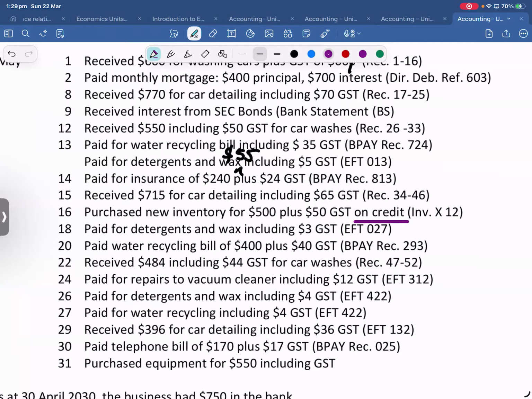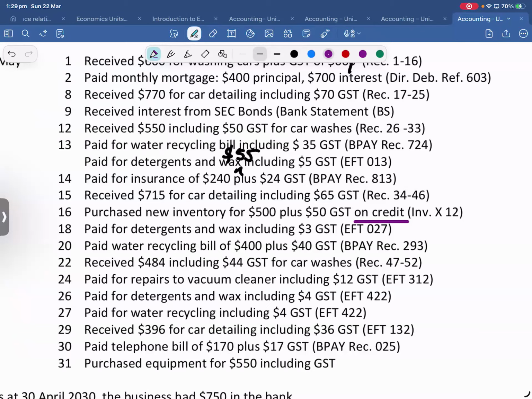So we purchase it today, but we pay for it later. Right? Meaning after 30 days, after 60 days, or something like that, we pay later. So we purchase it today and pay later, which we call purchasing on credit.